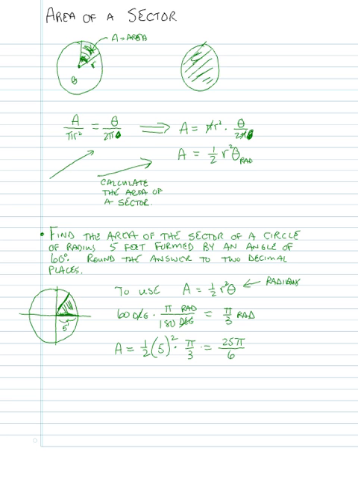So that's the exact amount of square feet. But we would now use our calculator to approximate that, and when we do, we'd get about 13.09. It said to round to 2 decimal places, 13.09 square feet. Okay. Sorry for that mistake. I got in a hurry.